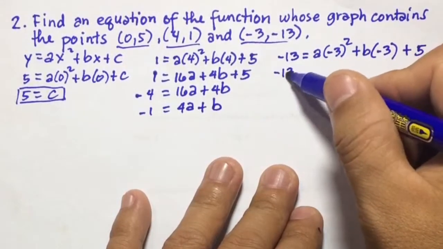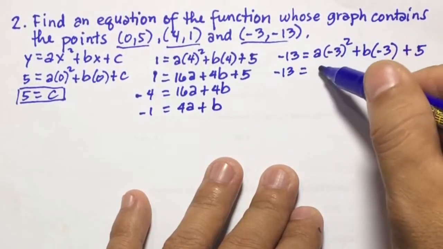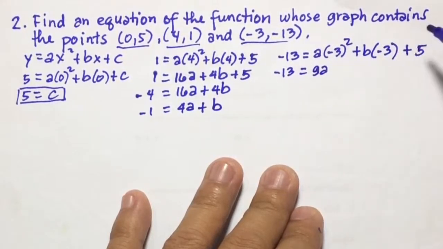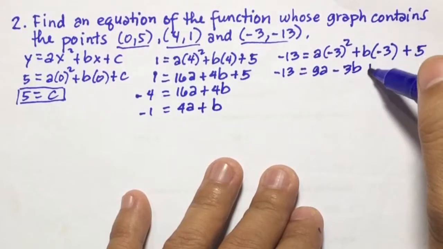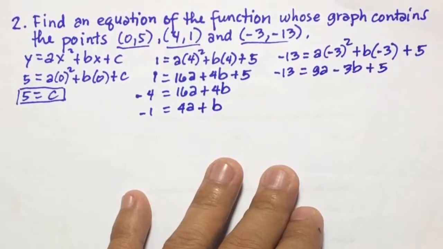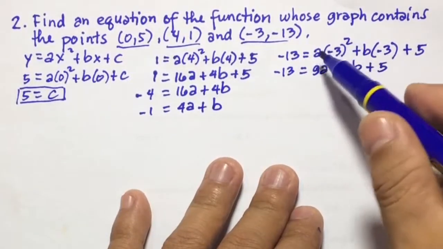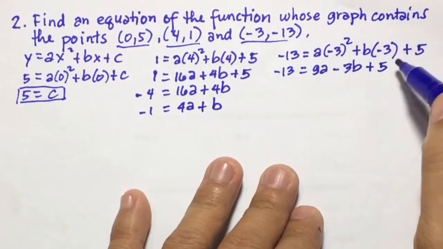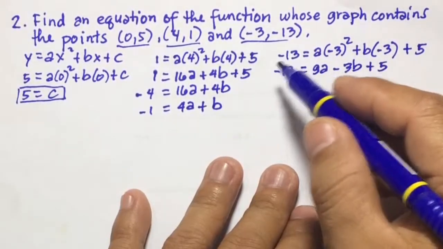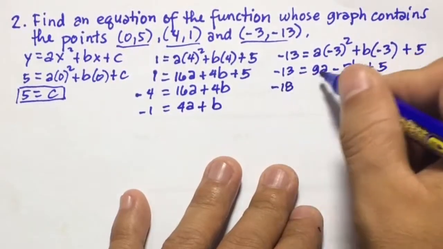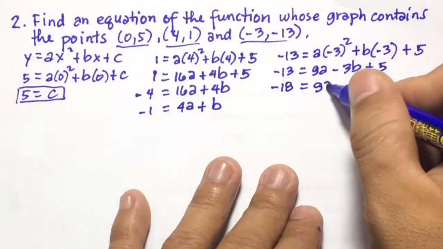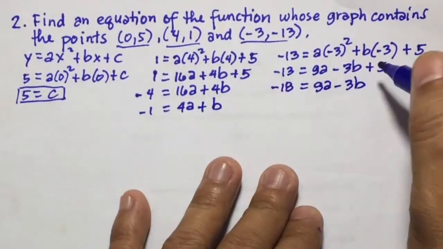So this is negative 13 equals negative 3 squared is 9, so 9a. Then negative 3 times b is negative 3b. Then this is plus 5. Then transposing 5 to the left side, that will be negative 5. So negative 13 minus 5 is negative 18. This is equal to 9a minus 3b.